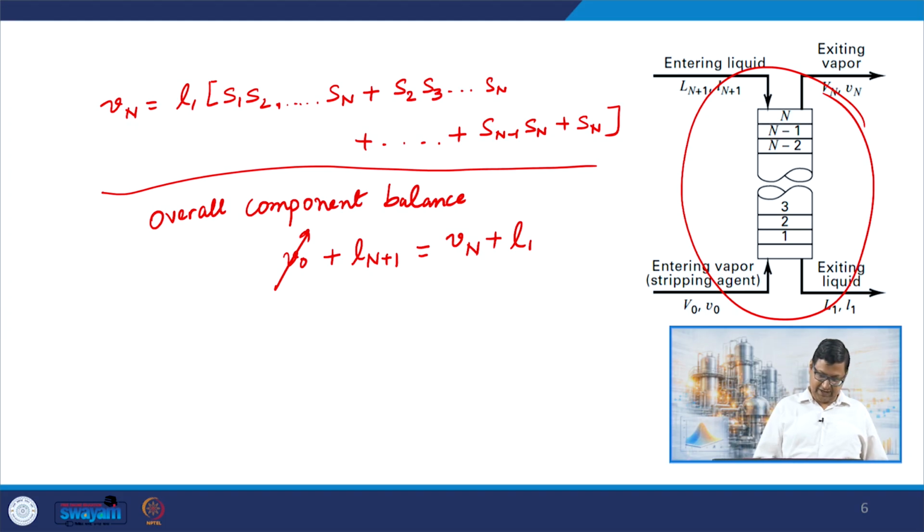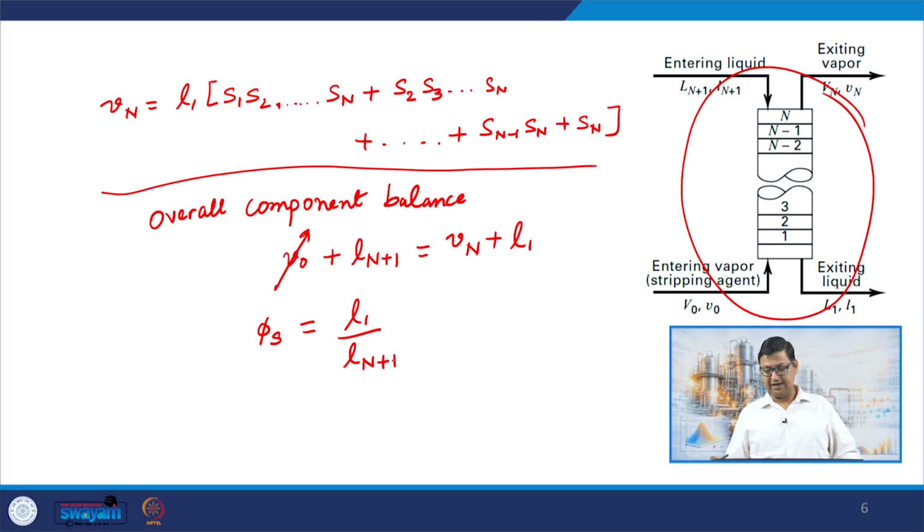And now I can define a quantity phi s similar to the recovery fraction we defined earlier, now in terms of the liquid flow rates, L1 by L n plus 1. Again, we want this to be as small as possible because the liquid exiting should have as little of the component as possible. It is pretty much similar to what we did for the absorber, but in the absorber we look at the vapor phase because vapor gets depleted. Now we are looking at the liquid phase because the liquid gets depleted.